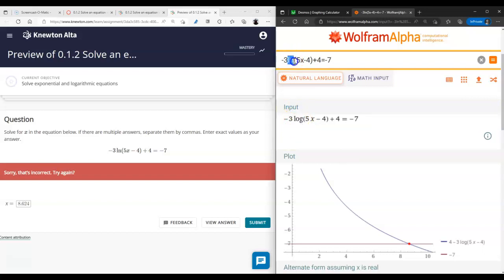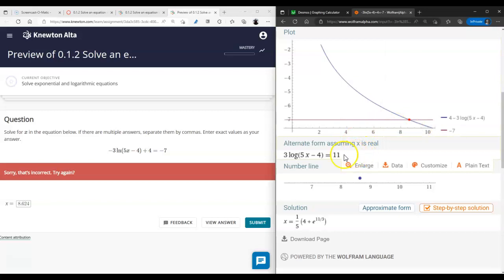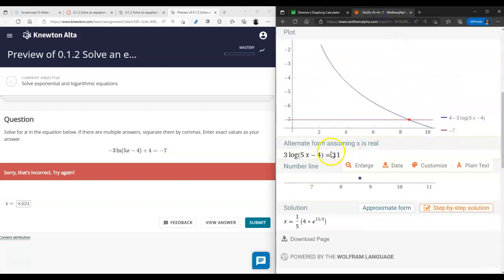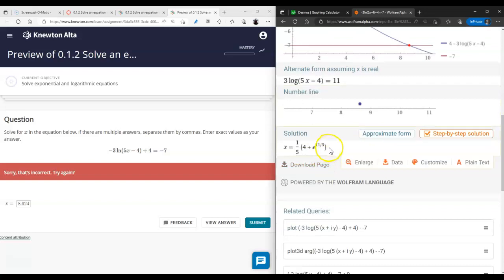So whenever you copy the answer from Wolfram Alpha, make sure that you interpret log as a natural log, that is, as ln. Now notice how the graph that Wolfram Alpha produces is pretty much the same graph as we have, right? But Wolfram Alpha is definitely better at solving equations and providing the exact answer.